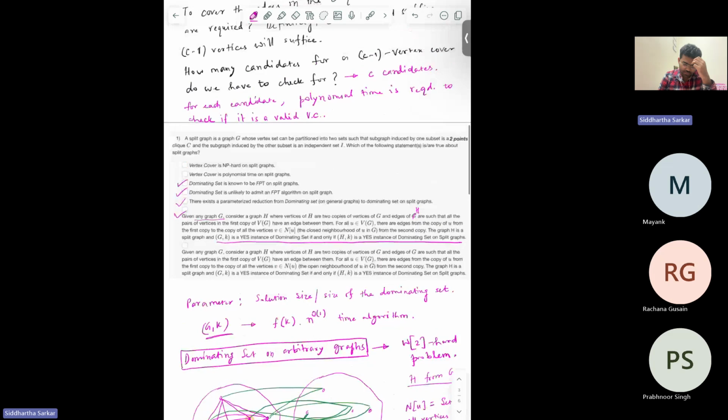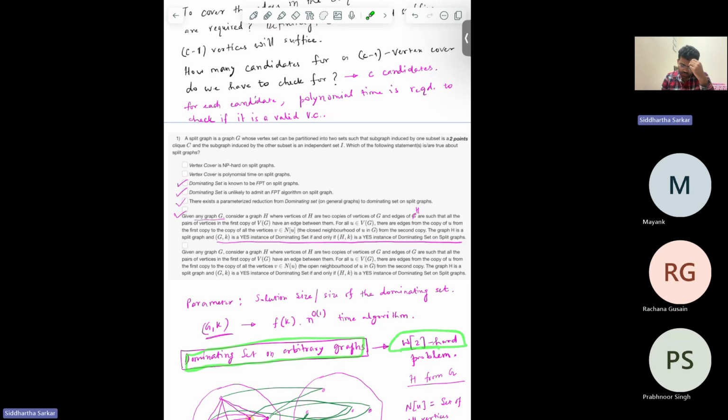We said that if there is a polynomial time reduction from the dominating set on general graphs to the dominating set on split graphs, then the dominating set on split graphs is going to be as hard as the dominating set on general graphs. We also said that it is known that the dominating set on arbitrary graphs is W2 hard.